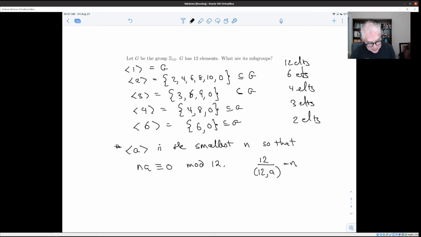And it's clear from just looking at this formula that the number of elements is always a divisor of 12, because the number of elements, n, times the greatest common divisor of 12 and A is 12, so it's a divisor of 12. So Lagrange's theorem is true for these cyclic groups that we've looked at.